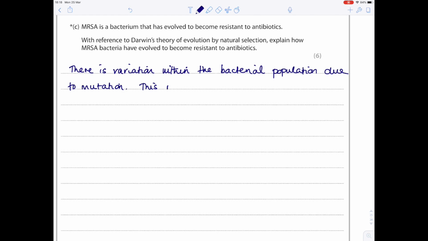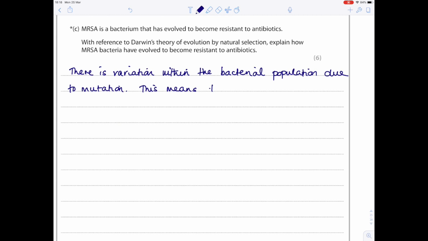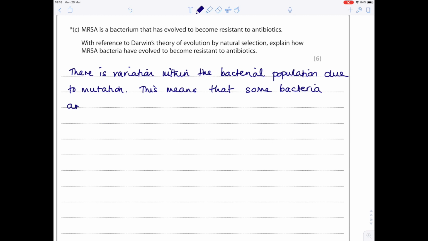This means that some bacteria will be resistant to antibiotics. So we're actually applying our perfect answer to the question being asked. And are more likely, therefore, to survive and reproduce.